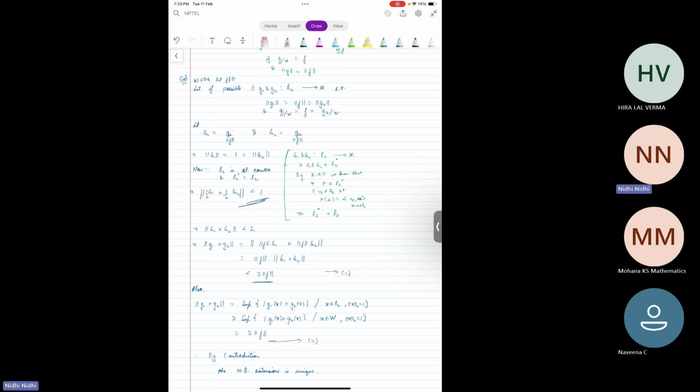So therefore, the Hahn Banach extension on L2 is unique. In fact, since L1 is not strictly convex, you can try to find different extensions. That means in the case of L1, this Hahn Banach extension is not unique.